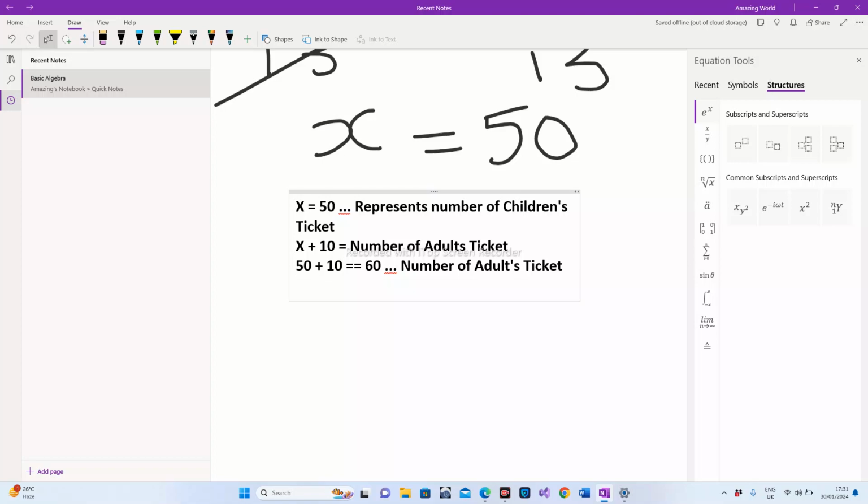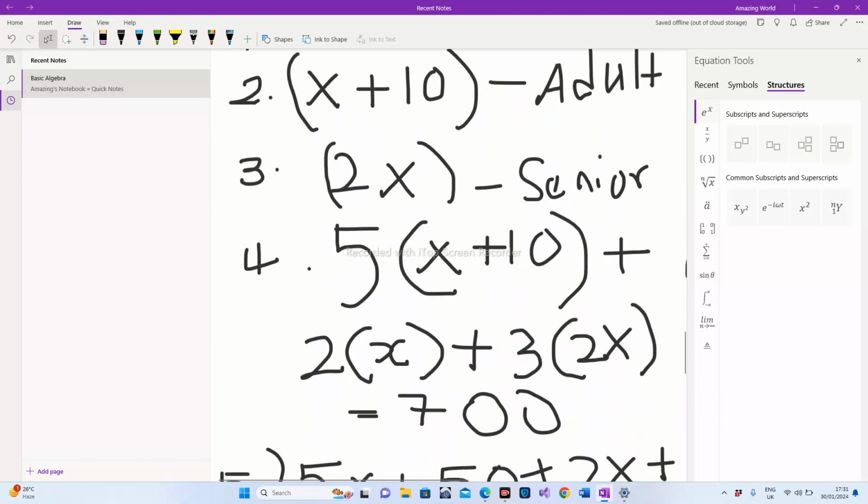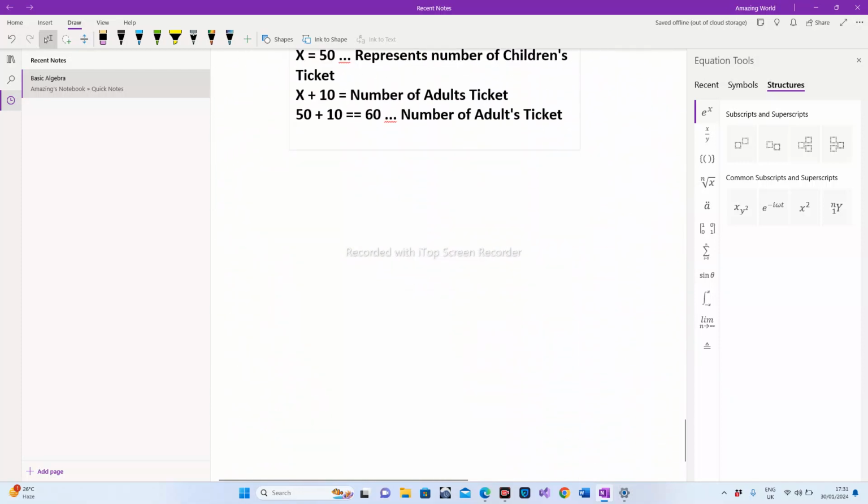And then finally we are left with the number of senior students' tickets, which we solved to be 2x, and we know that our x is 50.